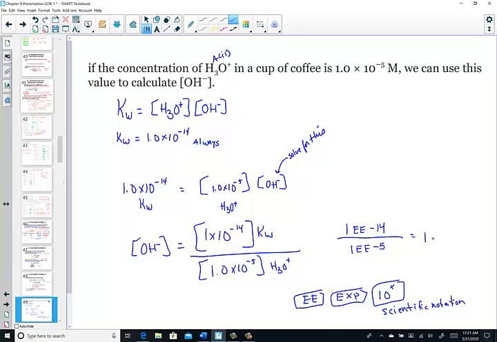And my answer, 1 × 10^-9, and that's molar units for hydronium. Oops, we solved for hydroxide. 14 minus 5 is 9.